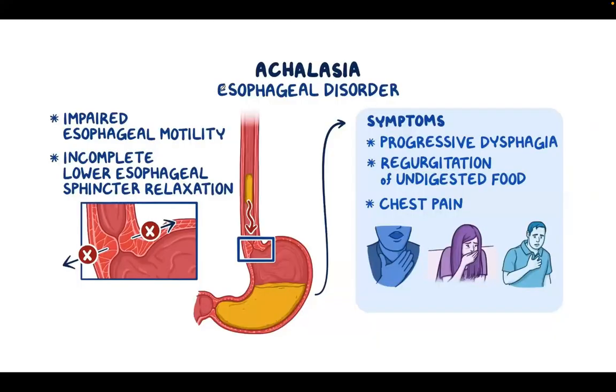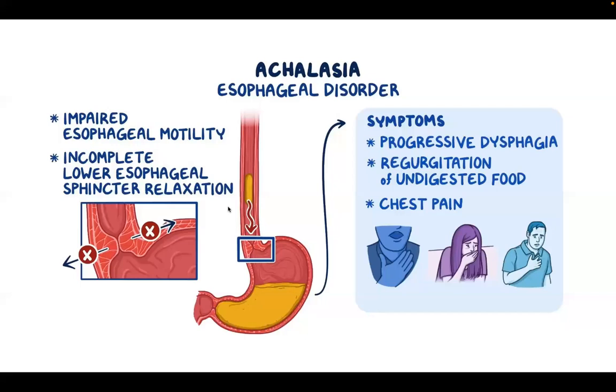Okay, so here in achalasia, this is a motility disorder. So what you have to remember is there is incomplete relaxation of the lower esophageal sphincter. Now, I want you to remember clinically, this is going to present with progressive dysphagia.